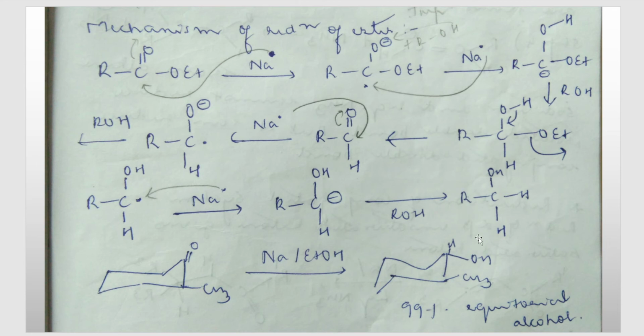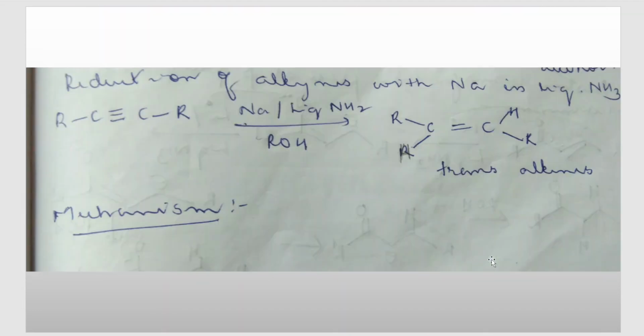That's how the reaction mechanism of ester reduction to alcohol takes place in the presence of sodium in alcohol. Cycloketo compounds can also be reduced into compounds having the alcohol group in the equatorial position.